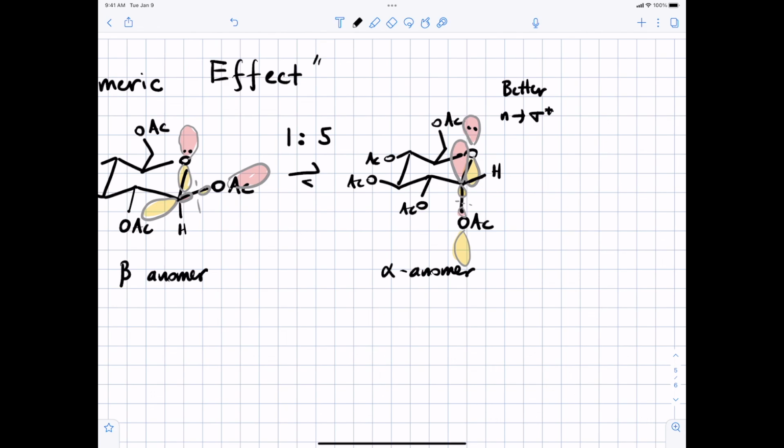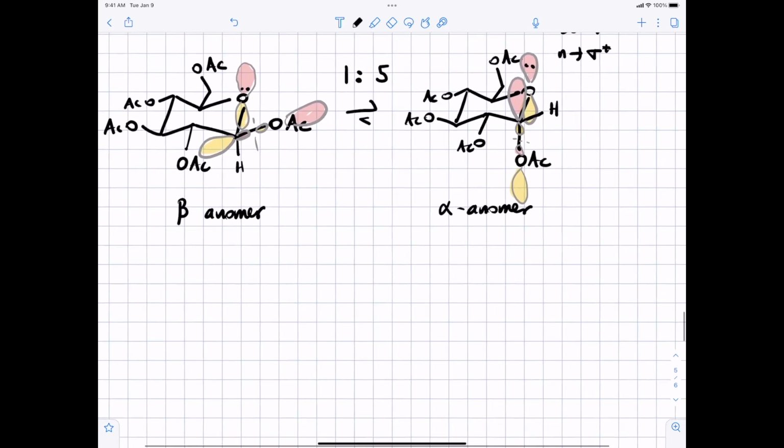And this effect gets bigger depending on the group you have at that anomeric carbon.